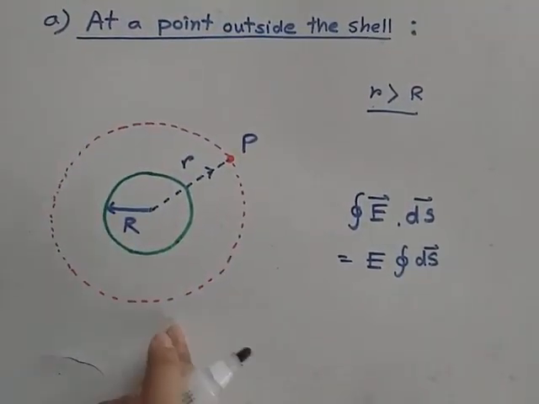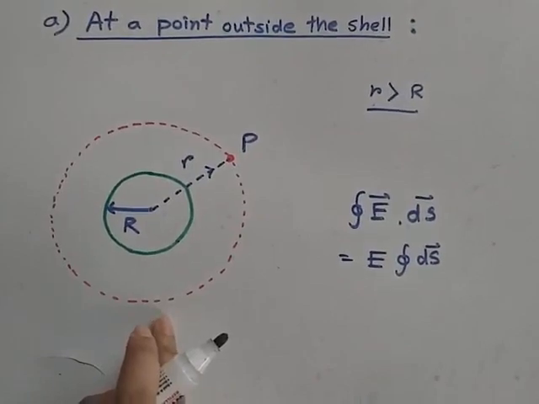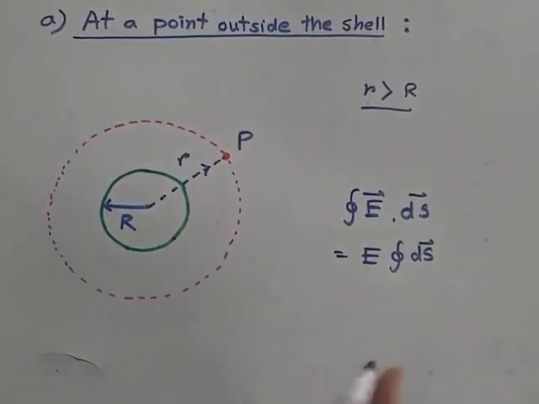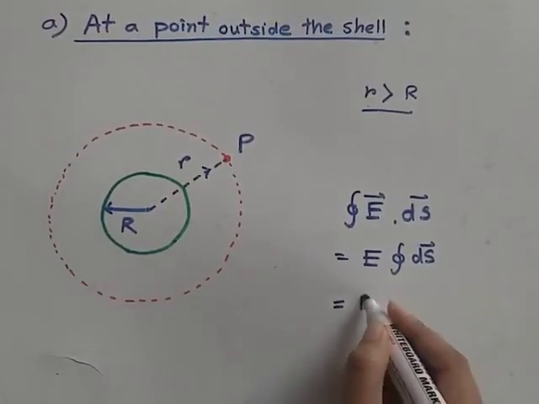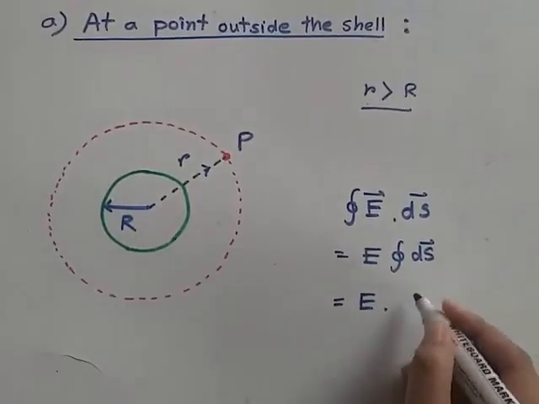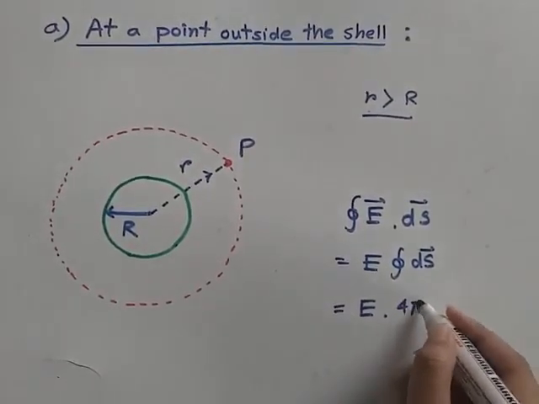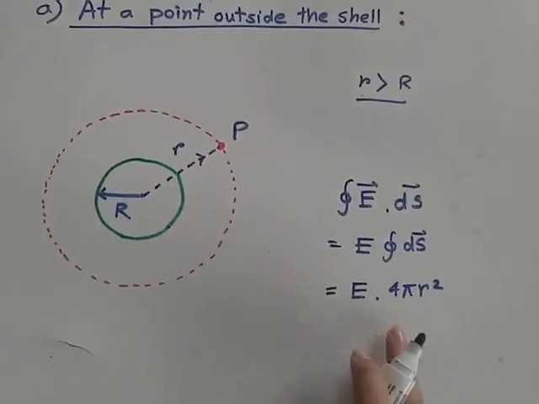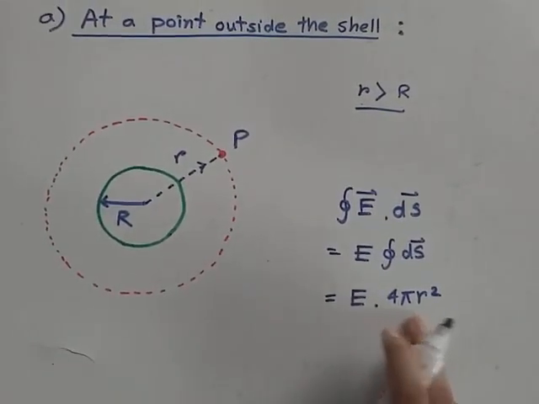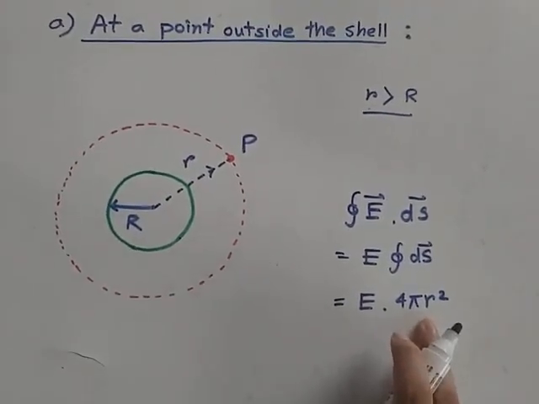As the Gaussian surface is a sphere, by the formula of a sphere we can write the cross section area as 4 pi r square, because this is a sphere of radius small r.